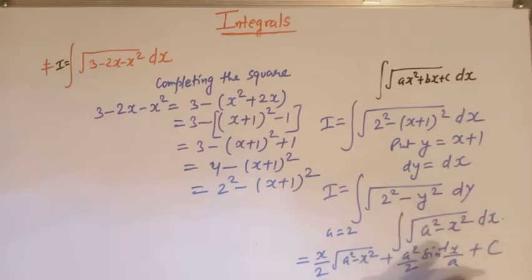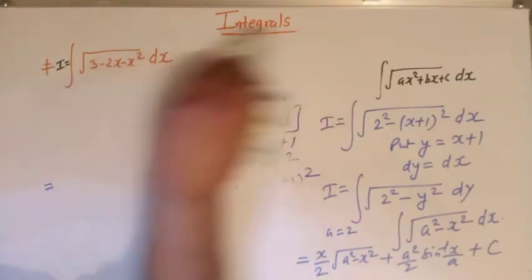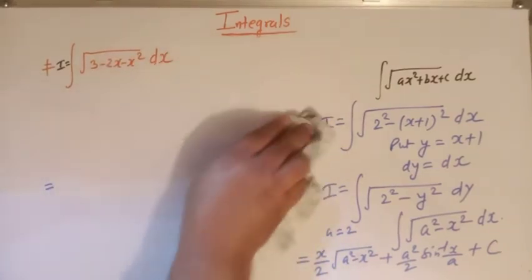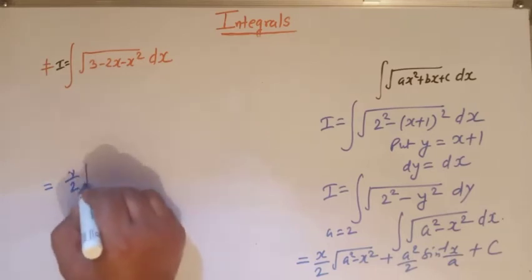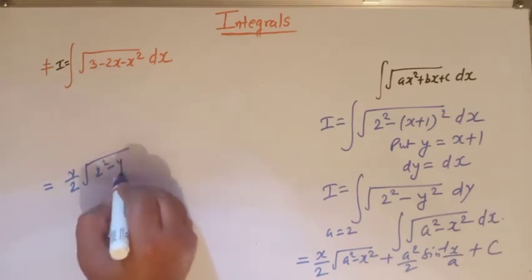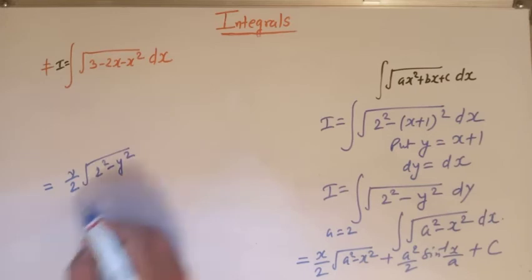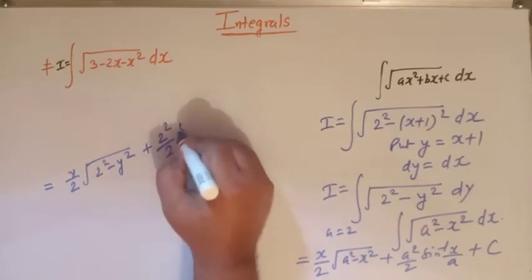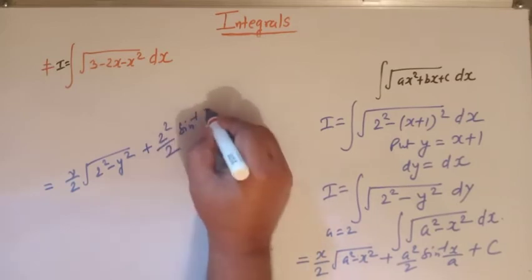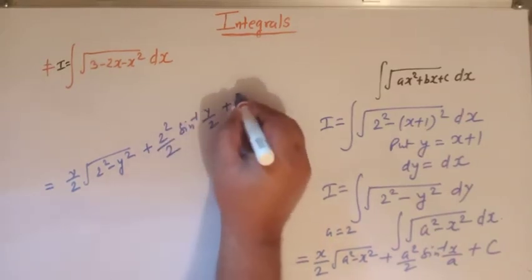So we can write this integral as y over 2 times the square root of 2 square minus y square plus, this is 2 square by 2, we have 2 sine inverse of y over 2 plus c.